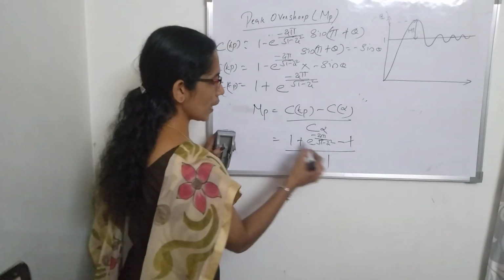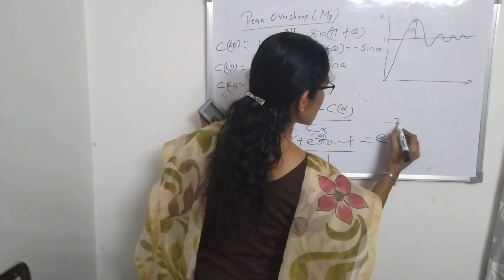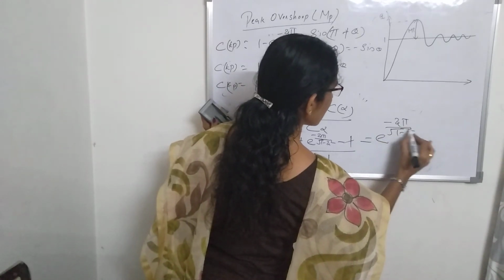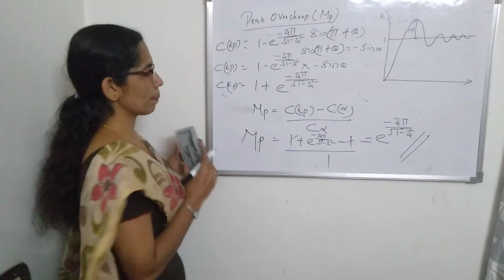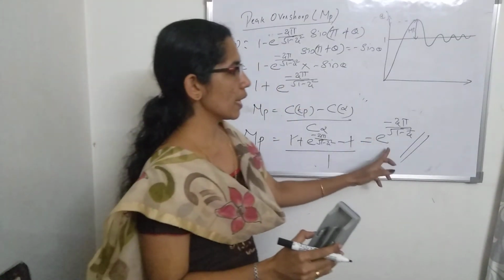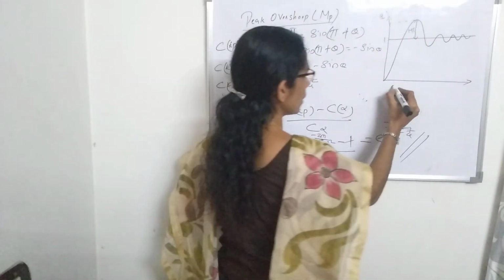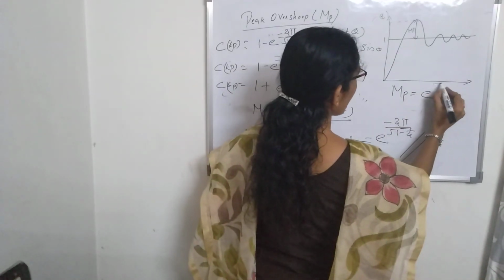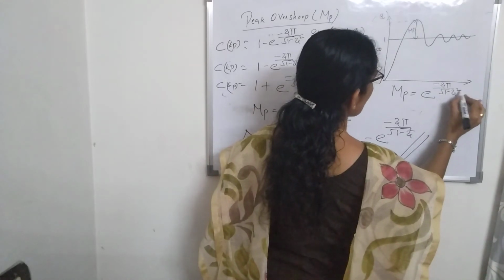The 1 and 1 get cancelled, so MP equals e raised to minus theta pi by root 1 minus theta square.